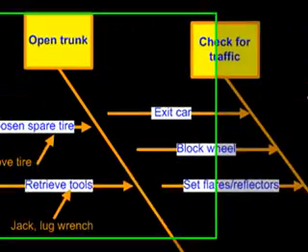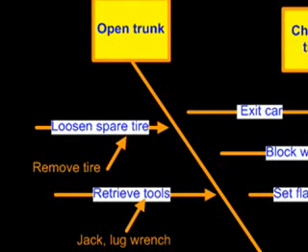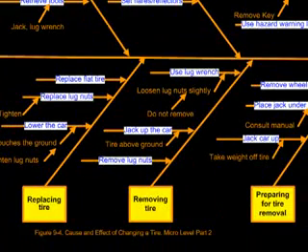How are we going to open the trunk and loosen the spare tire? Moving all the way around to the replacement of the tire and following all the procedures as outlined within the original policies and procedures and guidelines.